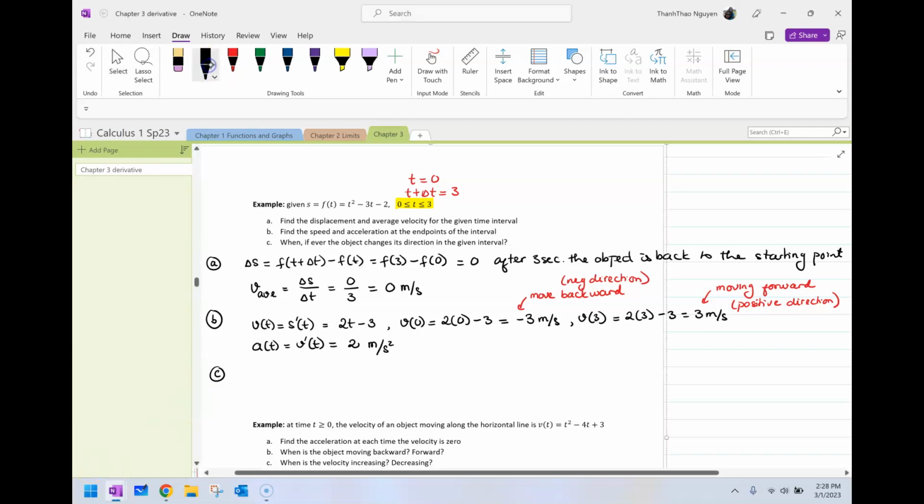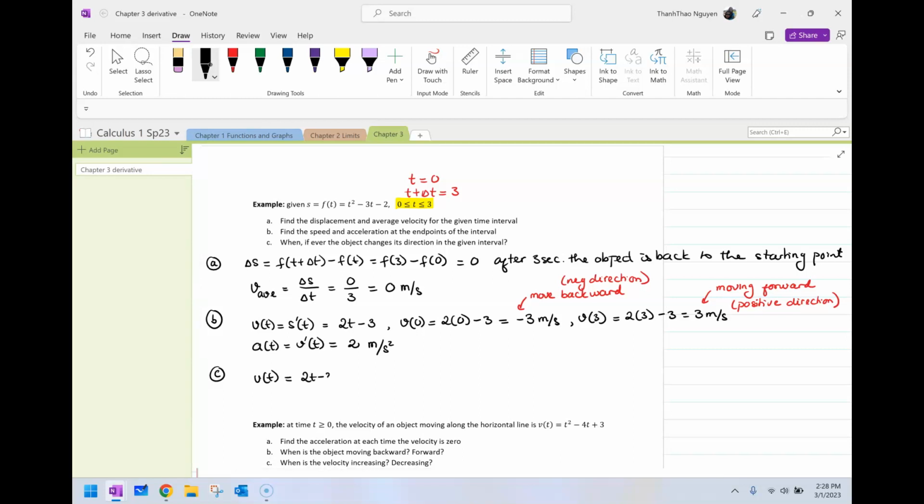We have to start with the velocity function. V of t equals 2t minus 3. And we want to know when it moves in the positive direction, when velocity is greater than 0. So here t is greater than 3 over 2.